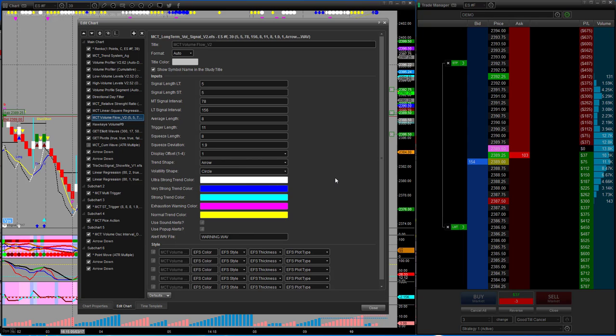Then the volume flow is measured according to an ultra strong trend, a very strong trend, or just a normal strong trend, or a normal trend color. Then we've got an exhaustion warning color. It's basically warning about volume flow that may be exhausted.